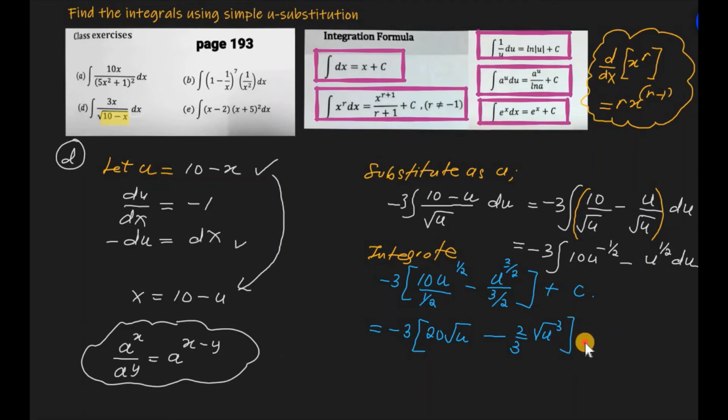And let's put the c at the very end. And you can simplify this further. It becomes negative 60 of this thing, and 3 cancel out. Negative becomes plus of 2, u power 3.